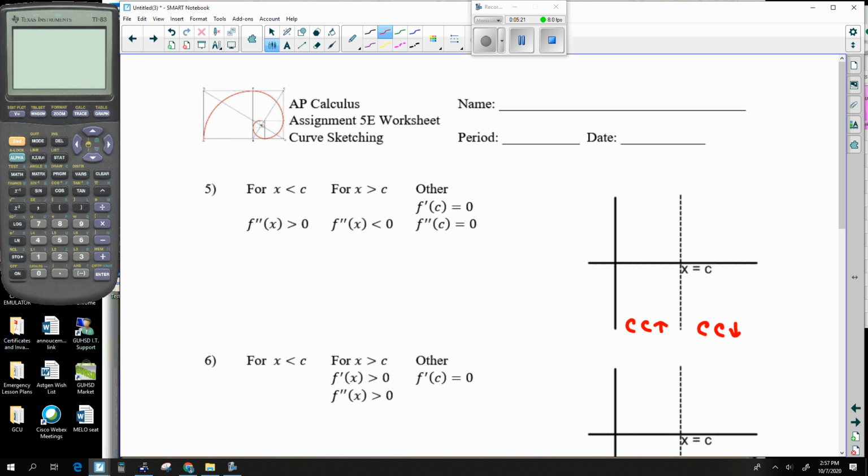I see that the derivative itself is 0, so that means that there is going to be a horizontal tangent line somewhere. And I see that the second derivative is 0, so that is implying that there is a point of inflection there. So there's going to be a point of inflection with a horizontal tangent. So concave up to a concave down would probably look something like that.